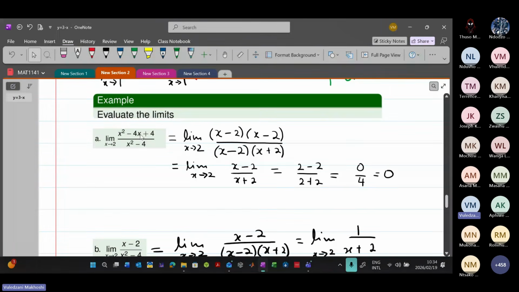Okay, that's important. And when we got this 0 over 0, we realized that the limit does exist. It's equal to 0 in this case.